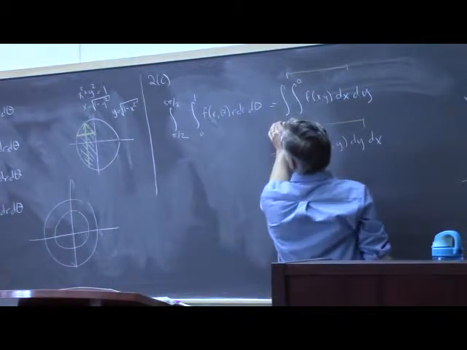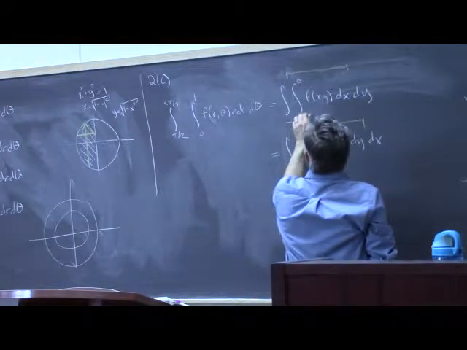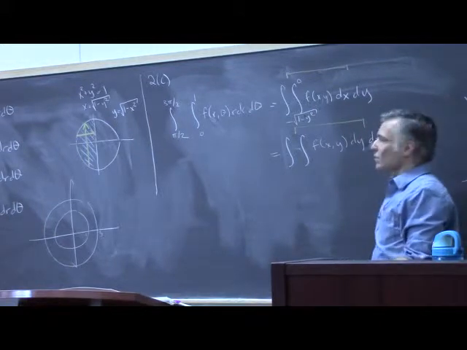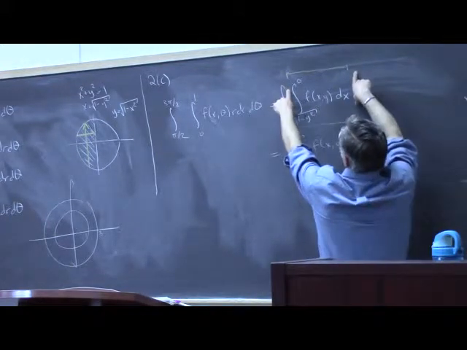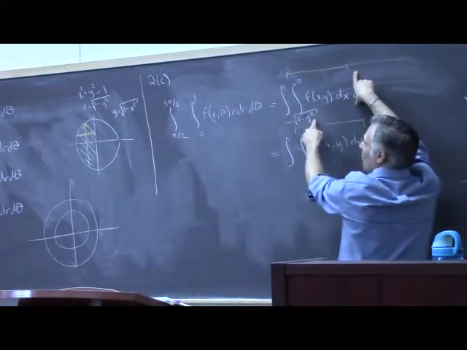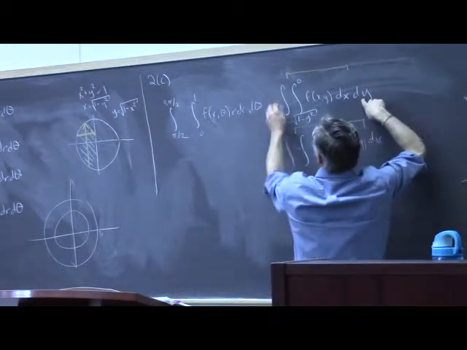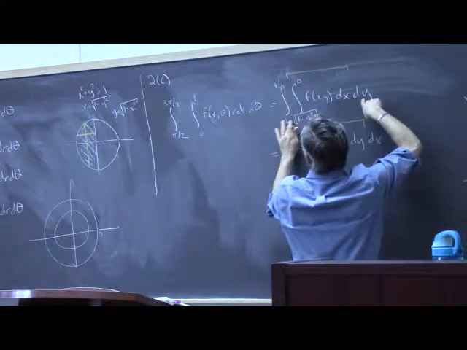It'll be negative square root of 1 minus y squared. So then once you do this integral, you're going to have y's left over, but that's okay, because then you're going to do a y integral from -1 to +1.